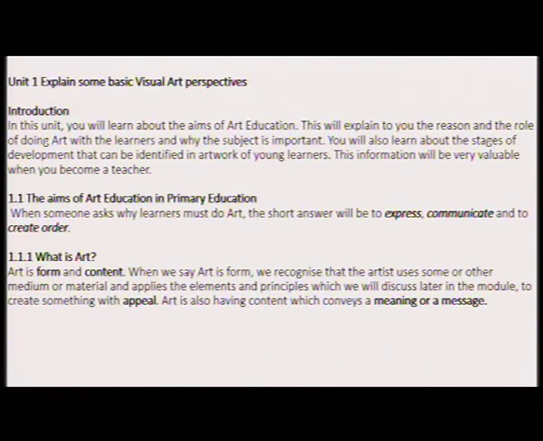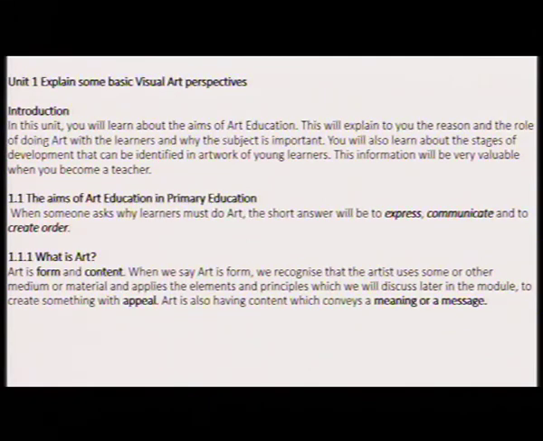You will also learn about the stages of development that can be identified in artwork of young learners. As young learners, we don't start drawing pictures as they are supposed to be. They have to learn.